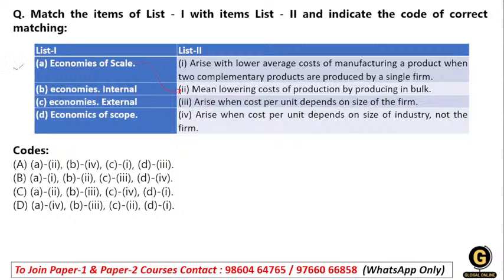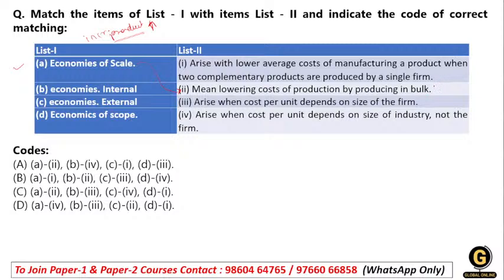You have to keep in mind that economies of scale occur when production increases. In that condition it leads to a lower average cost, because you are increasing your units of production, which helps lower the average cost due to factors like bulk purchase, specialization, increased efficiency and improvement. So economies of scale means lowering the cost of production by producing in bulk.